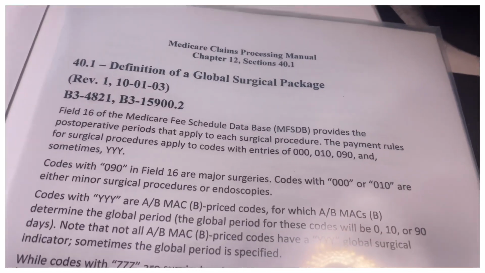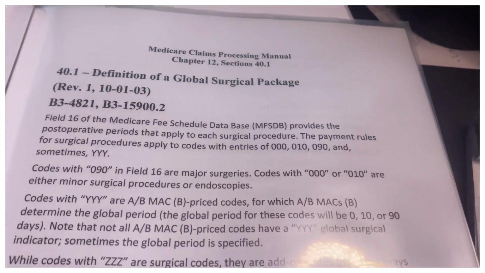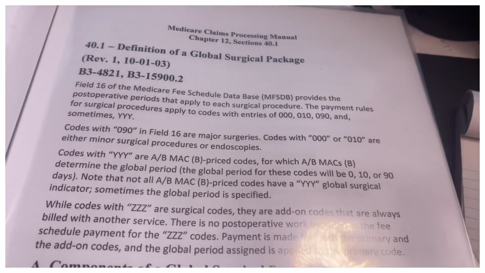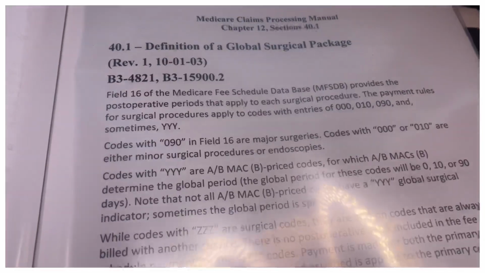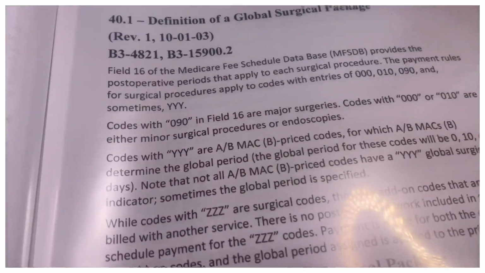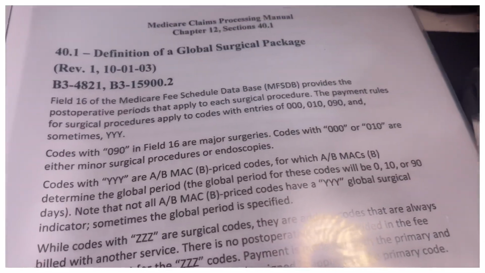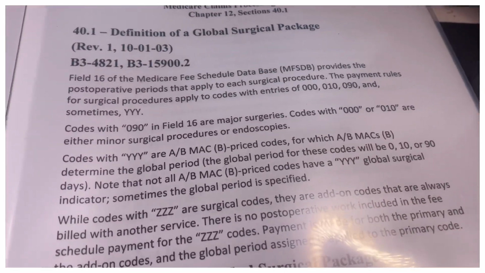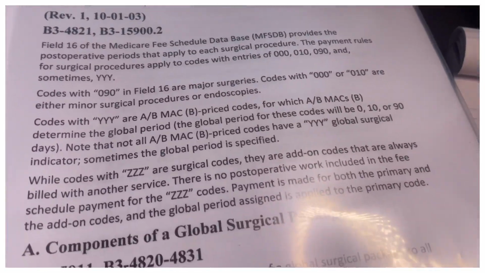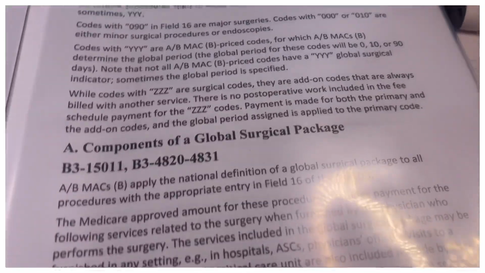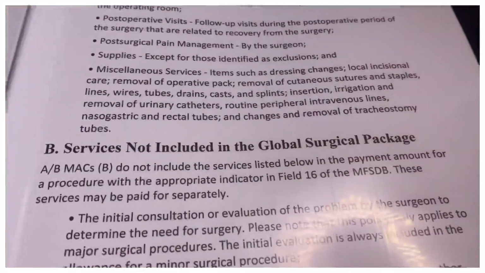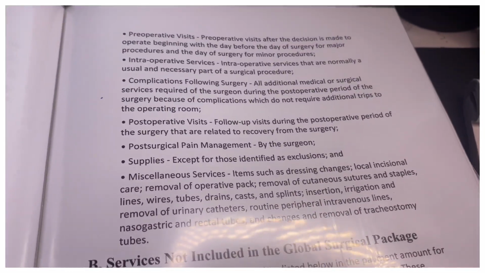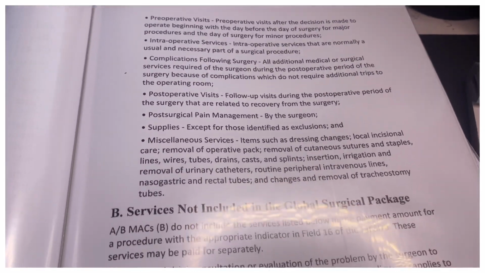I can leave this one down in the description box because it just goes into detail on global days and the definitions of the certain indicators. So like if you see 90, 0, 10, if you see 3 Ys, 3 Zs, and I said in my other video that for maternity, you'll see 3 Ms. For global days, there are services not included in the global surgical package.